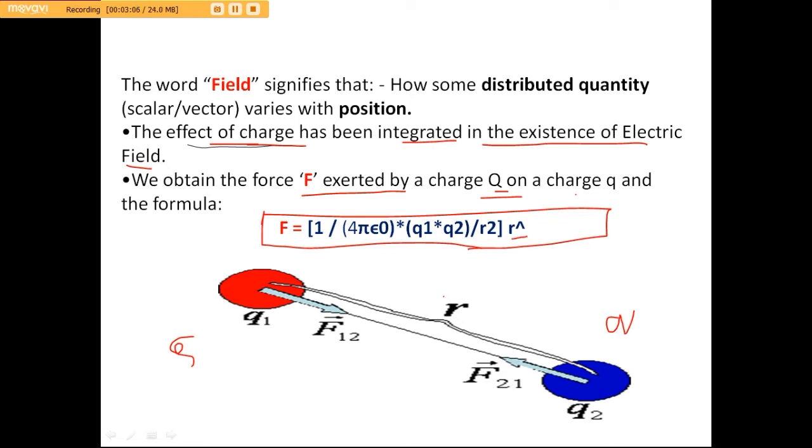This r has a mod value, which means the distance between the two charges, and it also determines in what direction the force acts. This depends upon the value of r, so r here acts as the vector.